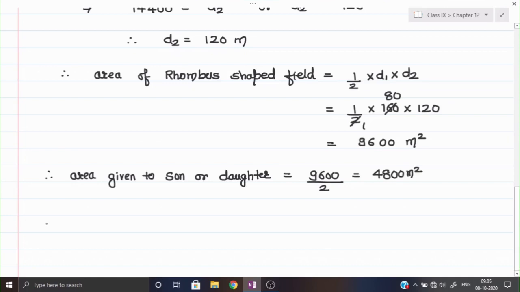So we can say that each of them gets 4800 meter square. And this completes the exercise and also the solved examples of the chapter Heron's formula.